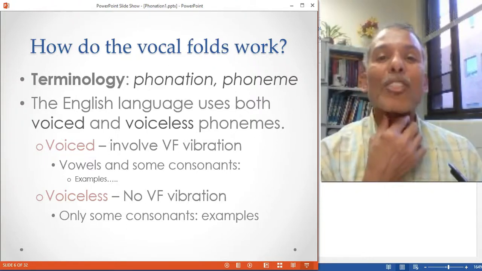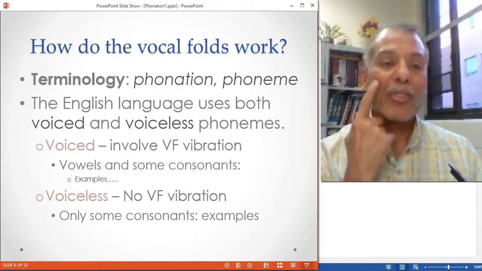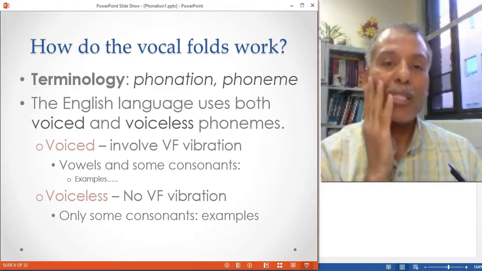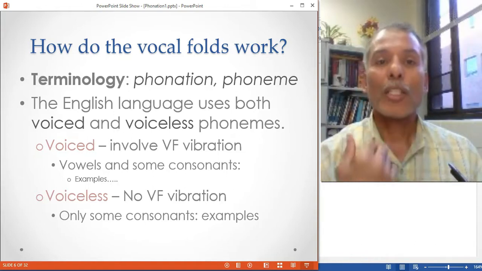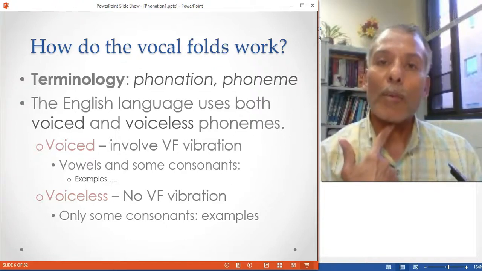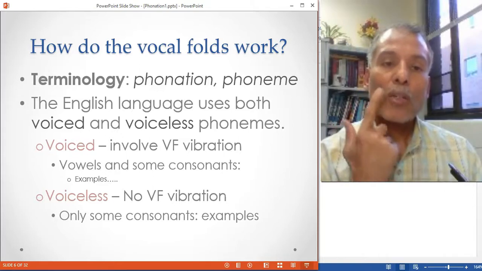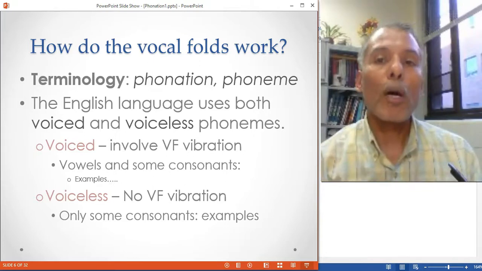You can touch your larynx, zzz, and you yourself are going to hear the vibrations very loud and clear. So when we say that zzz, it's a voiced consonant. It means it has vocal fold vibration, and it has noise or a certain sound that is made by noise somewhere along the vocal tract.